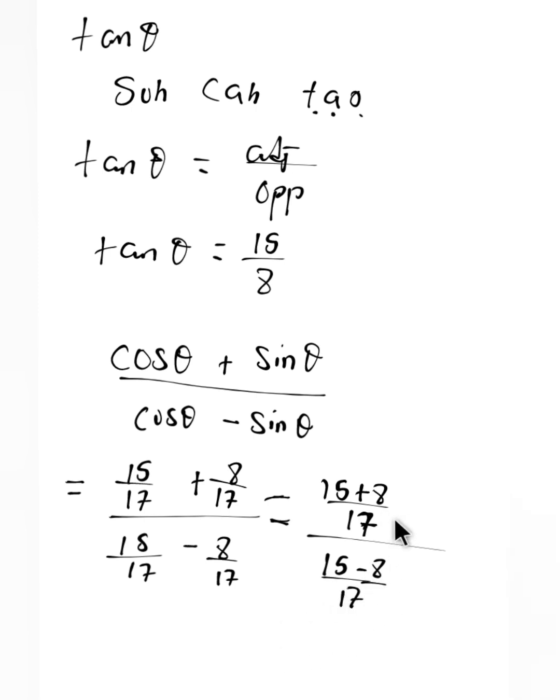So if we simplify further, 15 plus 8 is 23 over 17, all over 15 minus 8, which is 7 over 17. Hence, we have 23 over 17 all over 7 over 17.